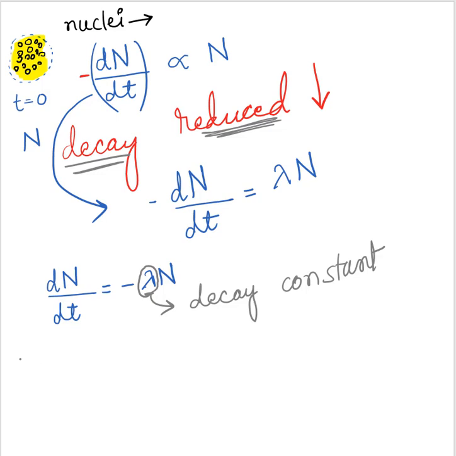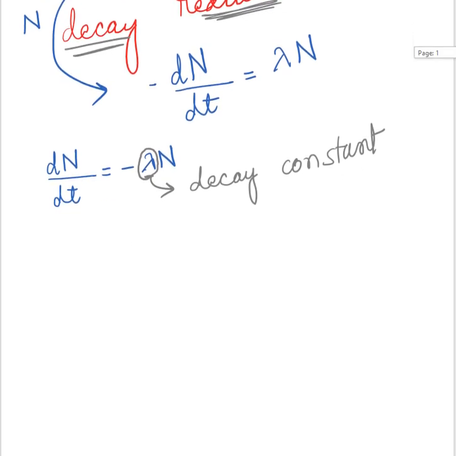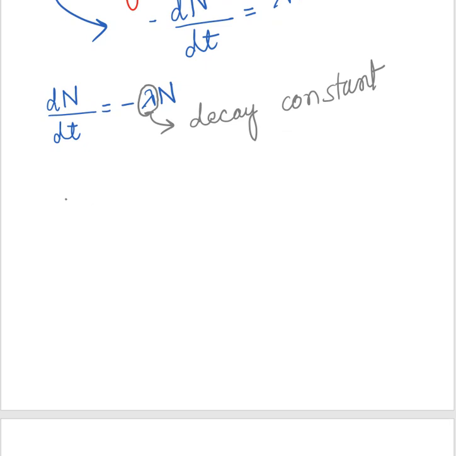Now we will calculate the equation for radioactive decay, and we will separate the variables, that is, cross multiplying: dn upon n is equal to minus lambda times dt.